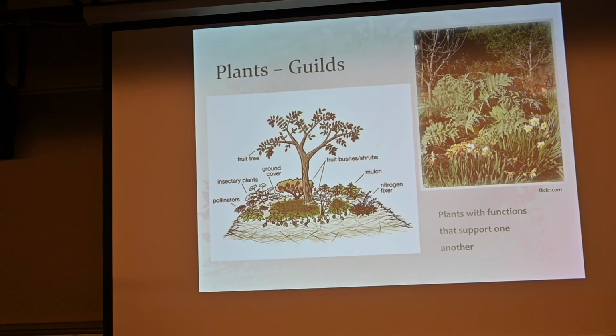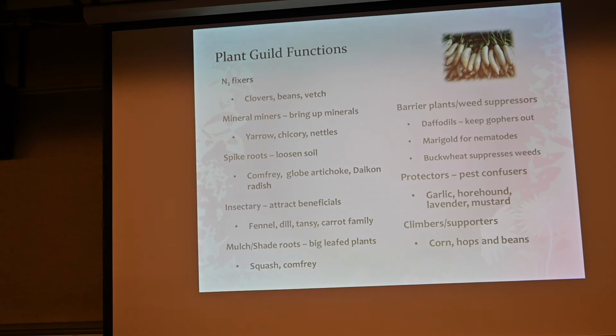But this is a combination of plants that each have functions, and they function together well. So you have nitrogen fixers and mineral miners, spike roots, insectary to attract your beneficials. You have large, big-leafed plants that can provide mulch or shade, barrier plants, daffodils keep gophers out, marigolds for nematodes, and buckwheats apparently suppress weeds.